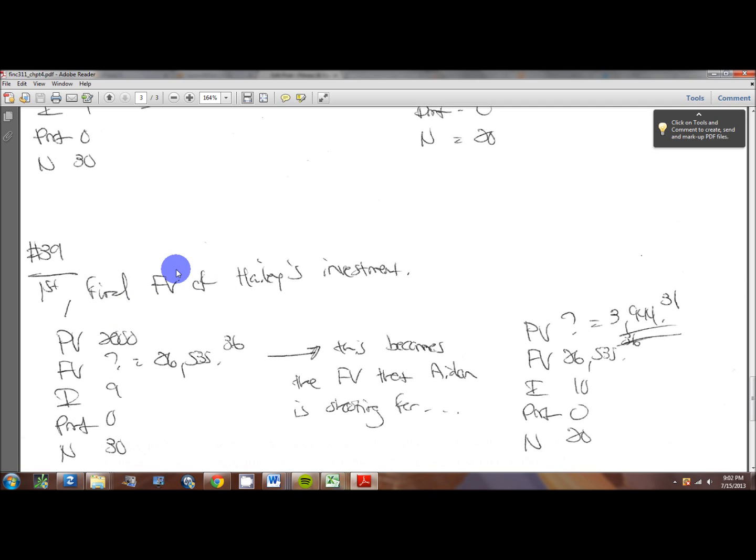The way the problem is worded, I don't actually have it in front of me, but you can pretty much gather that the first thing you want to do is find the future value of Haley's investment. Because if I'm not mistaken, Aiden essentially wants to achieve Haley's achievement.